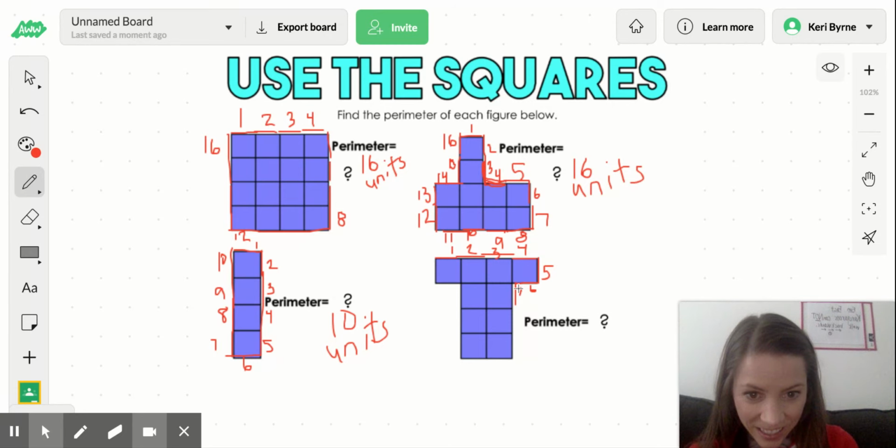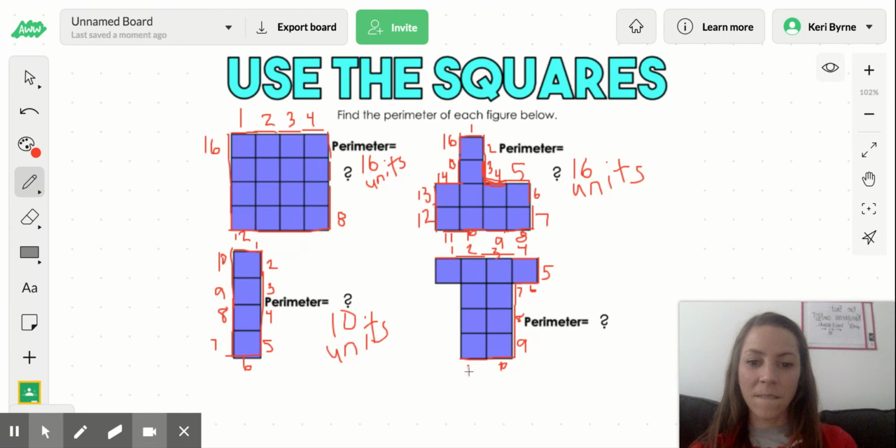This side is 7, 8, and so this one should be 9, 10, 11, 12, 13. Okay, here's a corner, write tiny. 14, 15, 16. So if you got 16, very good job. If you got 14, be more careful on those corners.